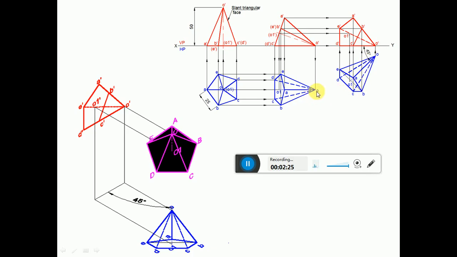Similarly, now once you extend this line O1 further, with O as center, take a radius of O to this point. From O, you mark this point here on this O1 extended line.